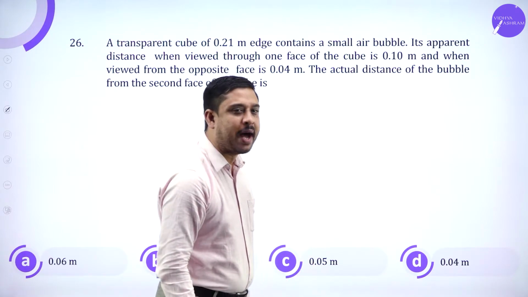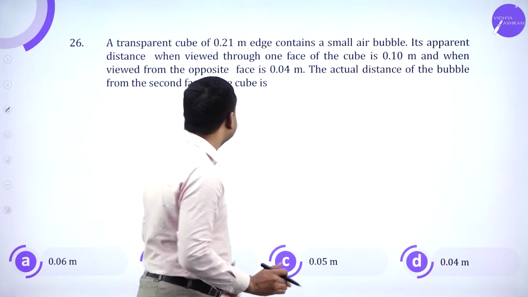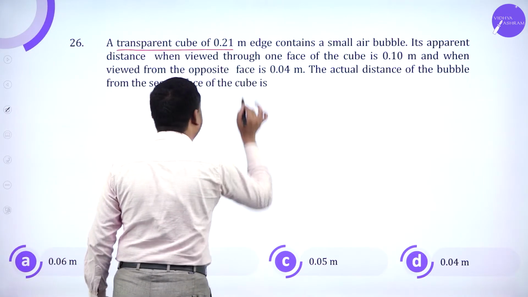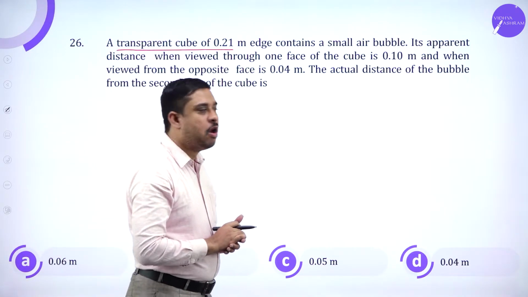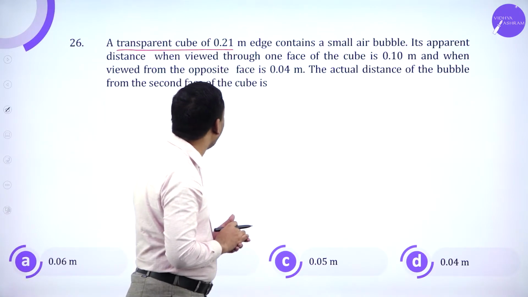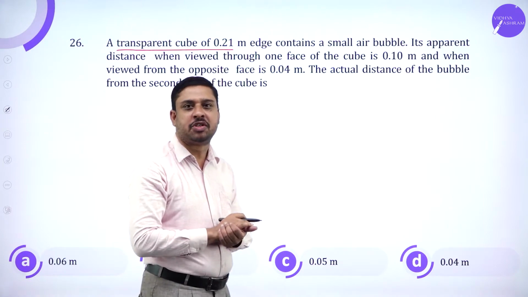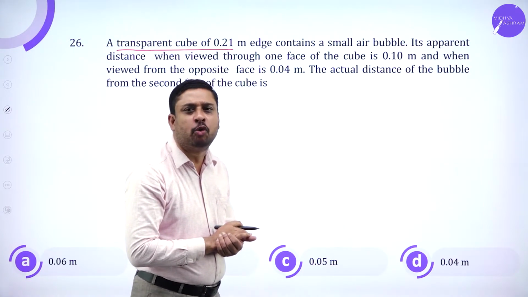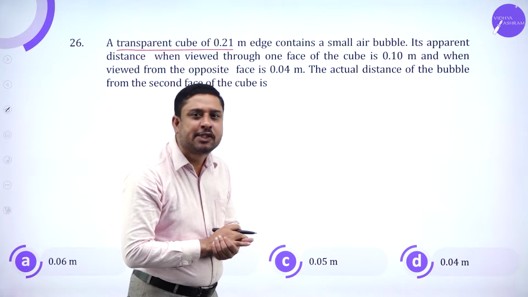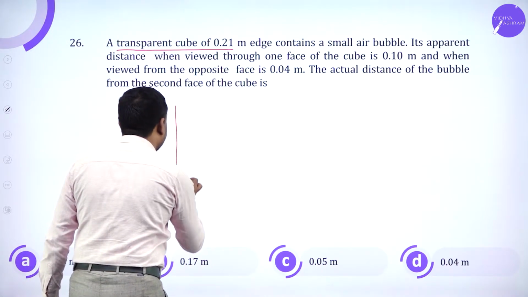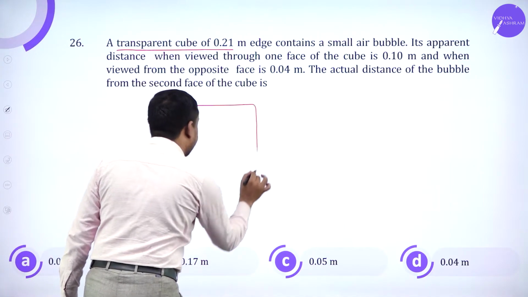Very interesting one. There is a transparent cube of 0.21 meter edge. Transparent cube, let us think of it as an ice cube. So there is a transparent cube.